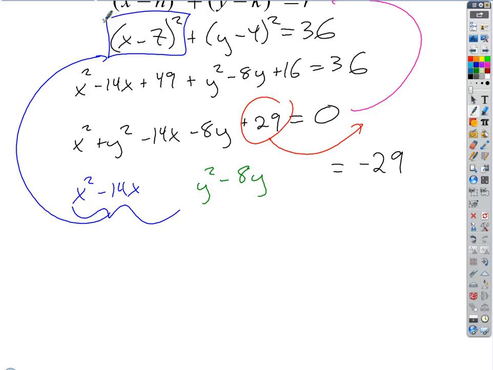Right? We're trying to coax the x terms to conspire together to turn into a perfect square trinomial so that they'll factor into a perfect square, right? Perfect square factors. And same thing with the y's.